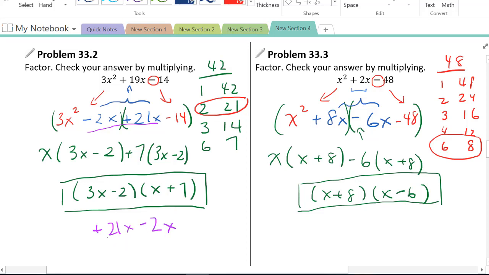Either way, they both give me a positive 19x. If you want to try it using a plus 2x and a minus 2x, you get the same exact answer. This applies to the previous two GPSs, like GPS 32 and GPS 31, as well. I just forgot to mention it in the other GPS. So keep that in mind.